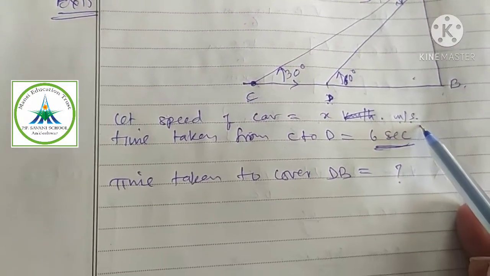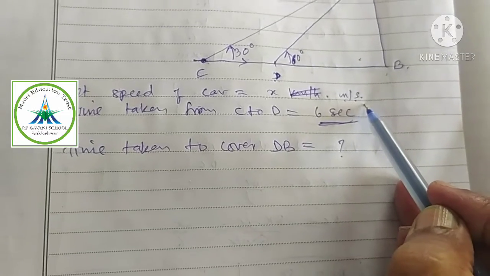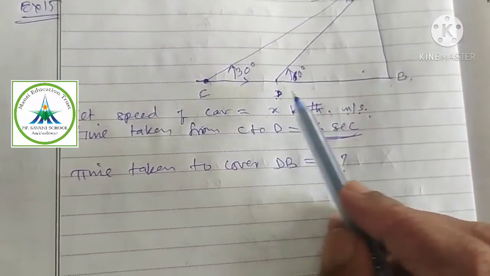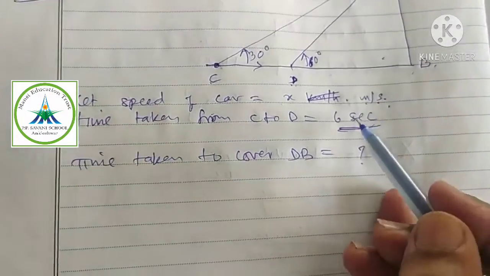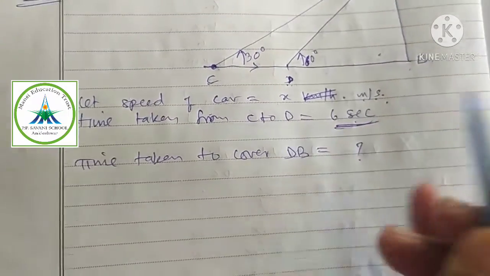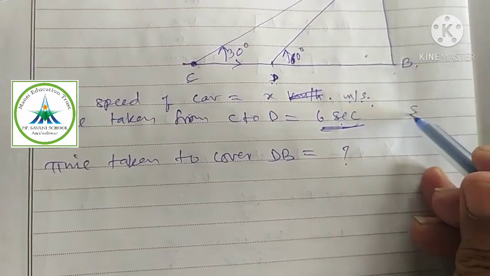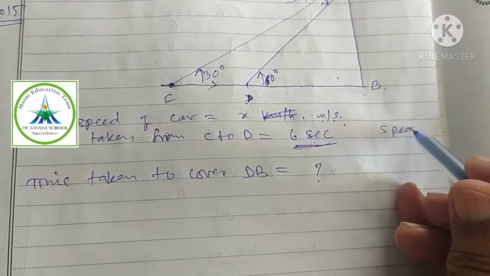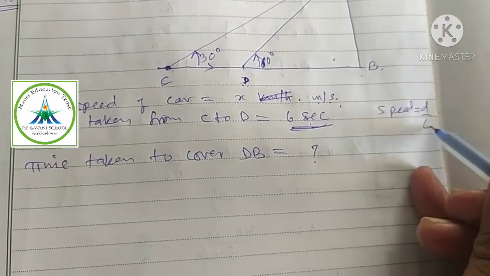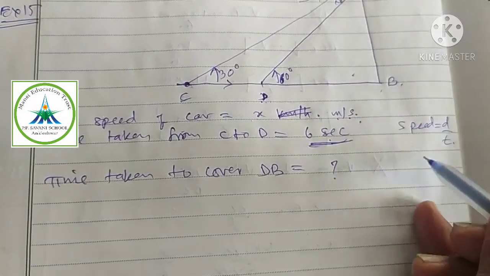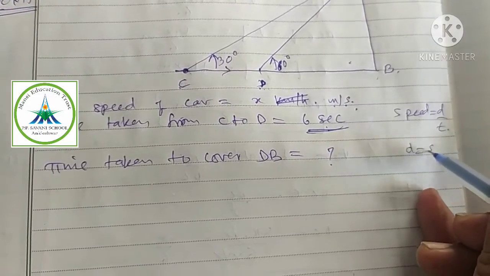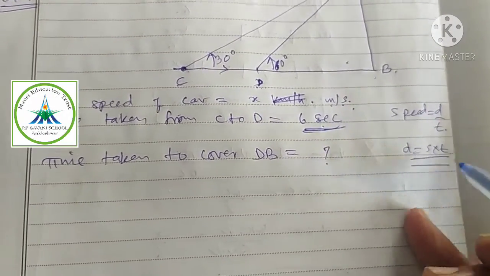Okay, now let us take: if time from C to D is 6 seconds, and speed is x, you know, speed equals distance upon time. Therefore, distance equals speed multiplied by time. Got it?